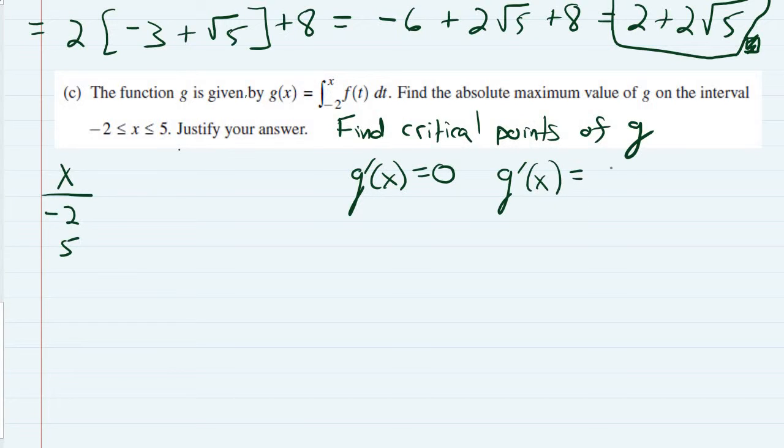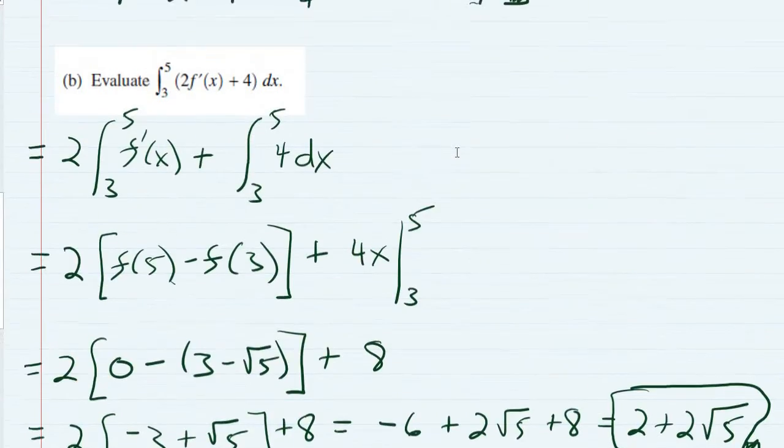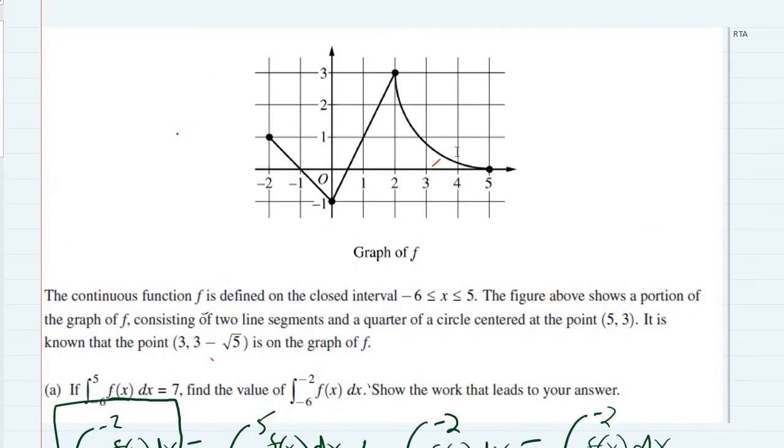Well, g prime of x is going to just be f of x, by the fundamental theorem of calculus. So g prime of x is f of x. So I have to then say, okay, critical points are where f of x is 0. So where's f of x equal to 0? We got to go back to the graph and look. Where does this thing cross the x-axis?